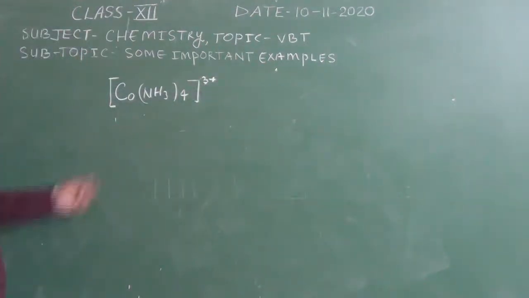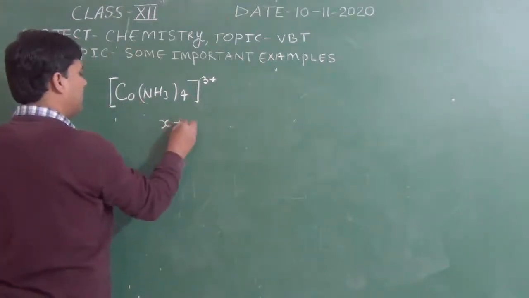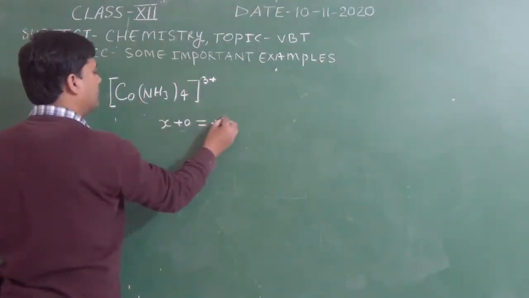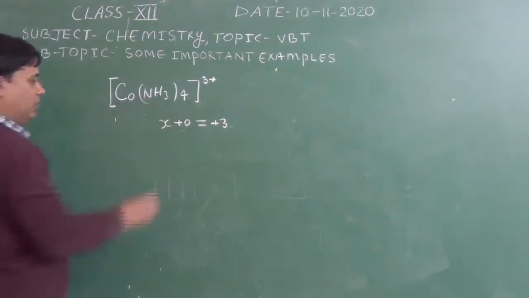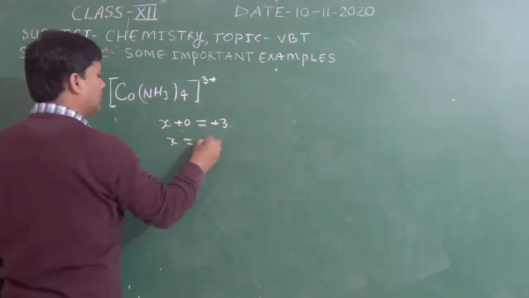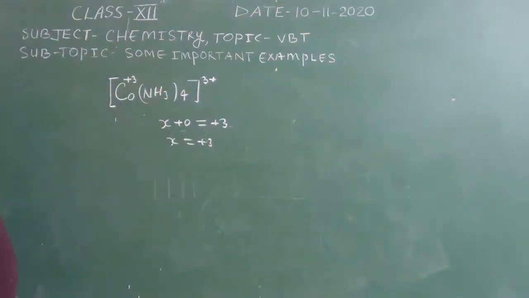First of all, you are required to calculate the oxidation state of cobalt. X plus 0 is equal to +3, because ammonia is a neutral molecule, so its oxidation number is 0. So X is equal to +3. So the oxidation state of cobalt is +3.